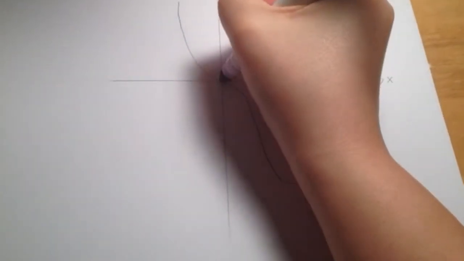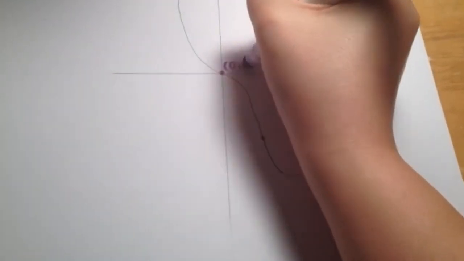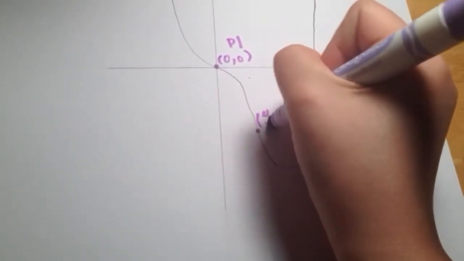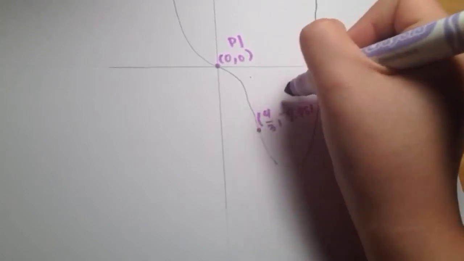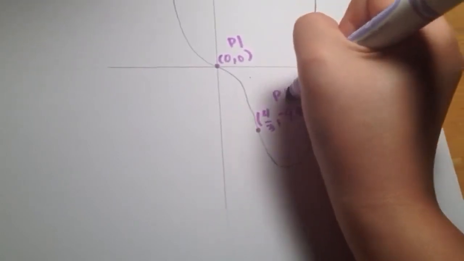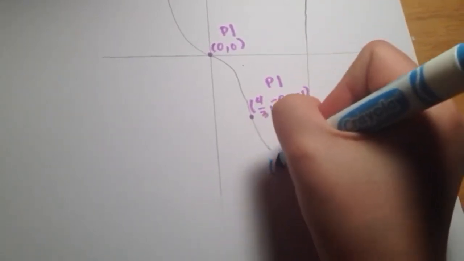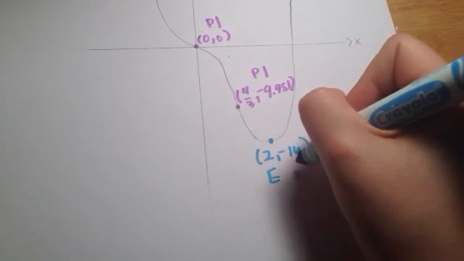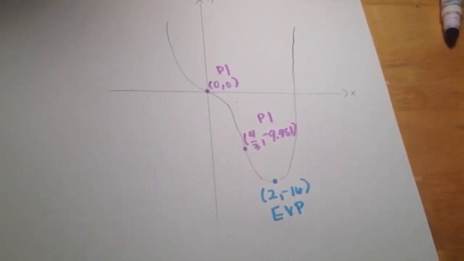We have our PIs at 0, 0, and 4/3, negative 9.481. Then we graph our EVP, which is at 2, negative 16. And that's the graph and the points we found.